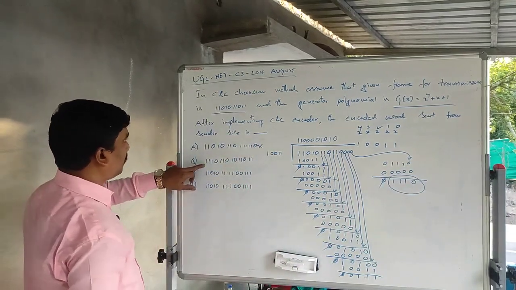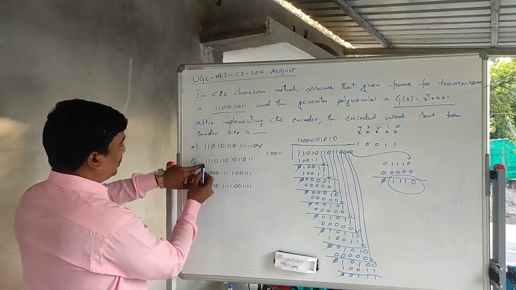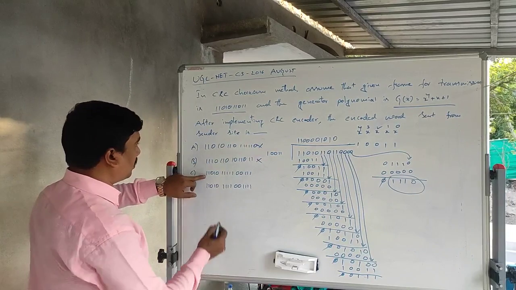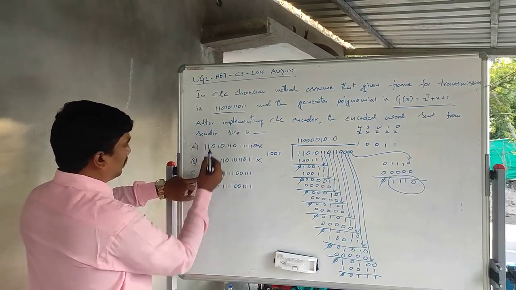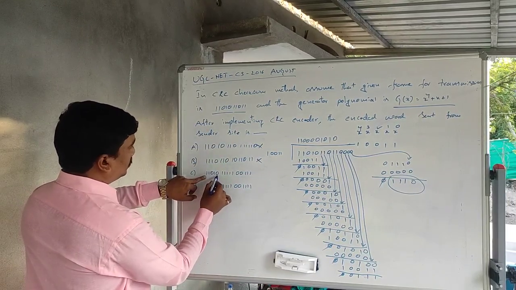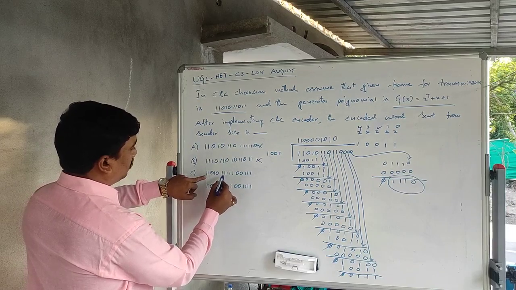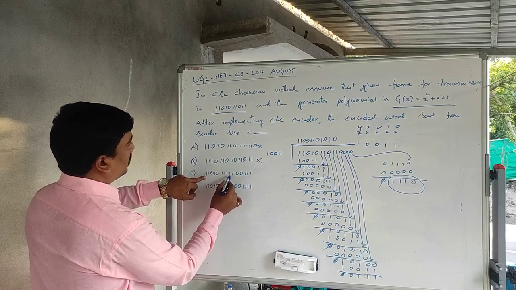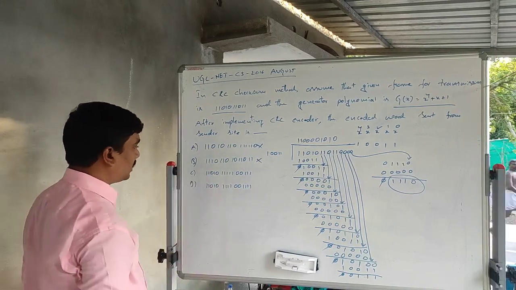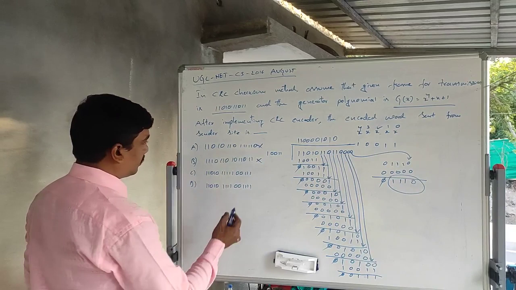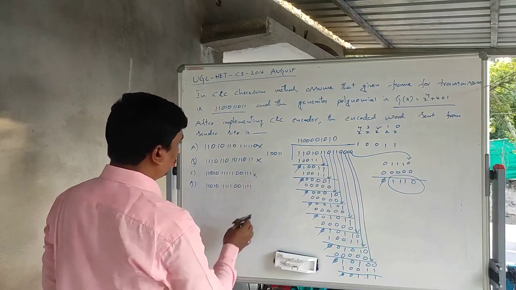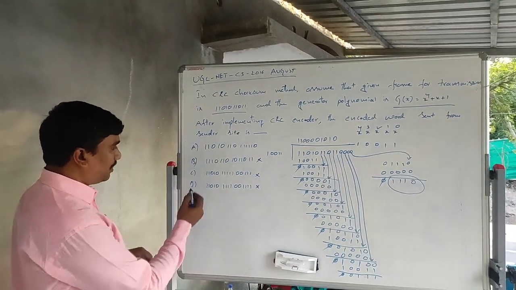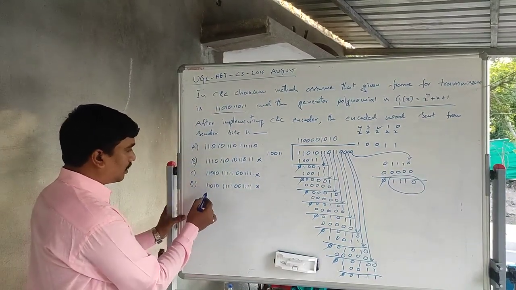And next one, so 110. But here the 1110 is also there, not a correct answer. And consider the next one, 110 10 10, and after 10 there were 5 ones. But in our problem there is no 5 ones. This is also not right. So B is the wrong answer, A also seems wrong, and C also wrong.